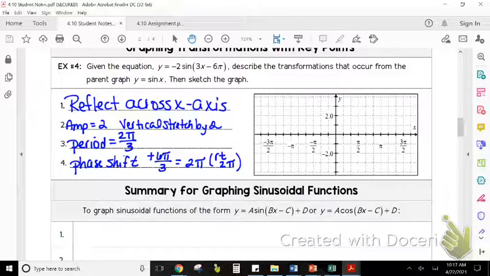Only the first point. All right, so now we're looking at sine. So we need to go get our sine parent table. And our x's here, our y's here start in the middle, and then it goes up.